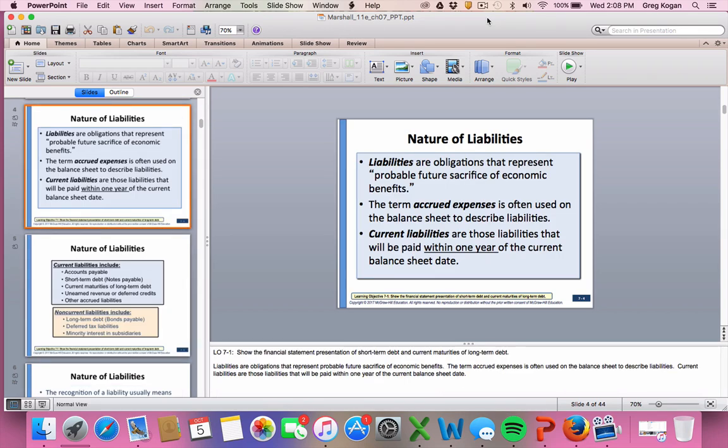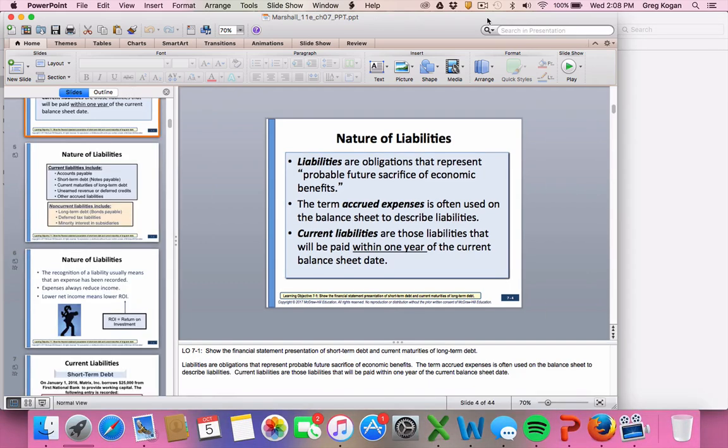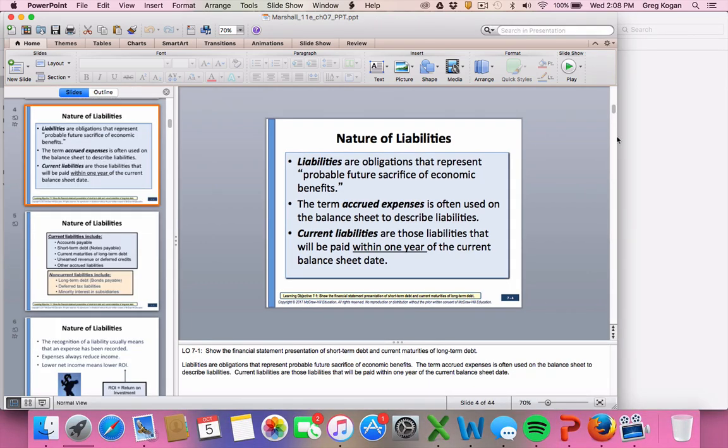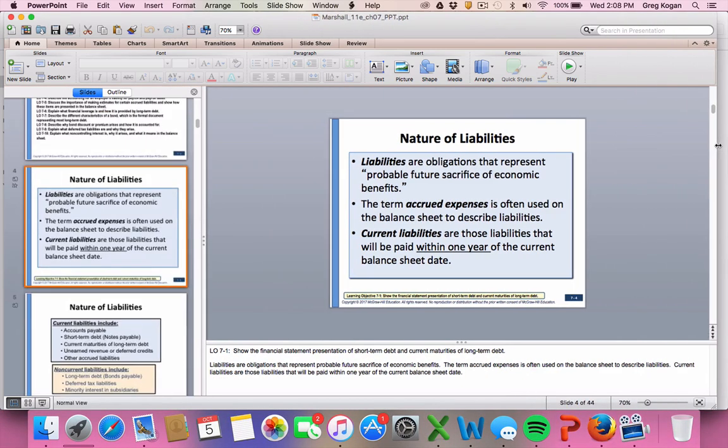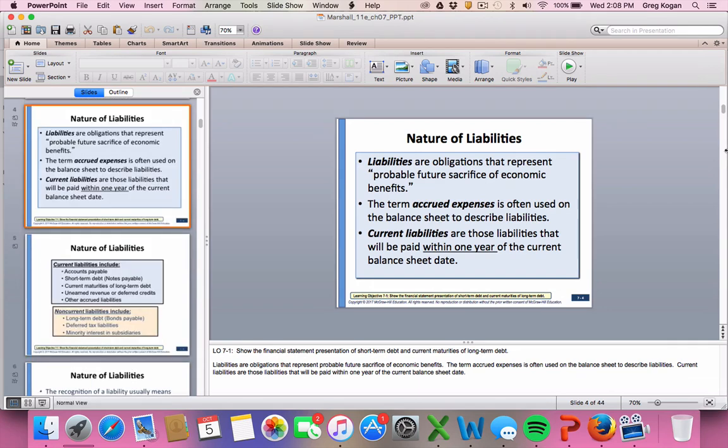So basically, I think we touched on this a couple of times already during our T accounts, but for liabilities, what we're talking about is when you incur essentially a loan and you're going to pay it.